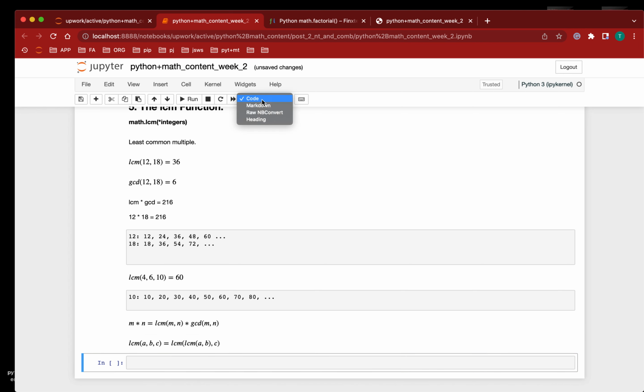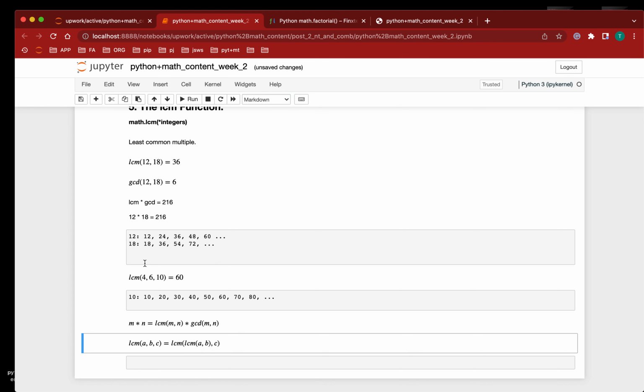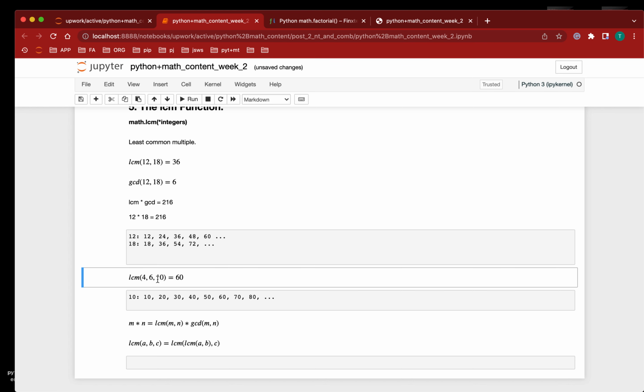So in order to calculate the LCM of 4, 6, and 10, it's sufficient to calculate the LCM of 4 and 6, which is just 12, and then calculate the LCM of 12 and 10, which ends up being 60.